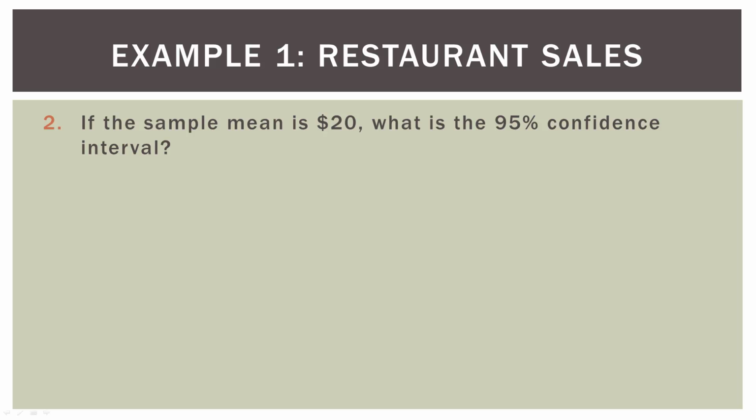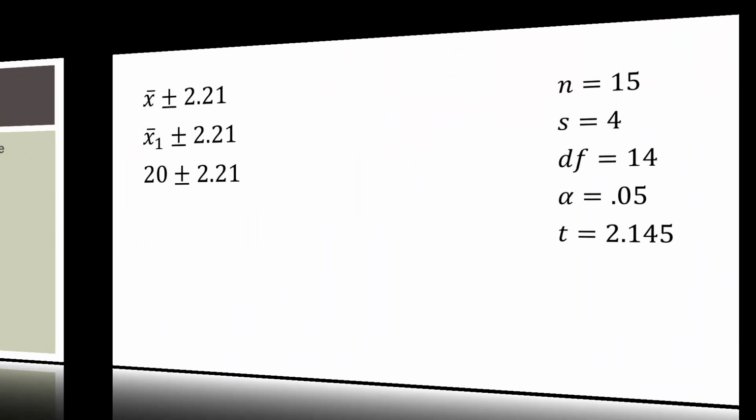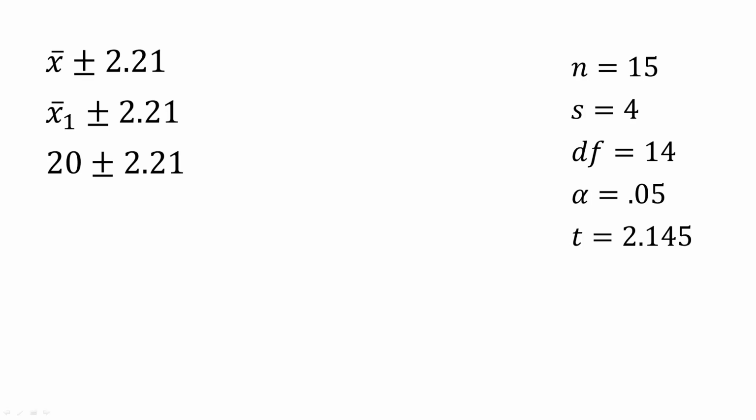Now, if the sample mean is $20, what is the 95% confidence interval for that? Well, since our margin of error is 2.21 and our sample mean was 20, it's just 20 plus or minus 2.21. And what we can do is put that margin of error on a distribution curve.